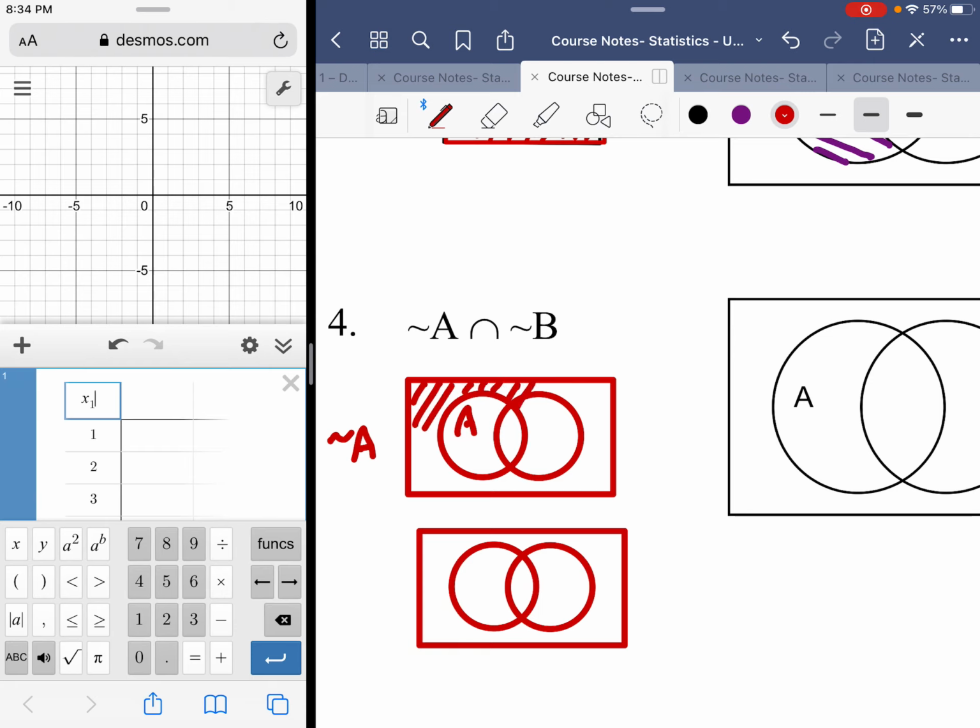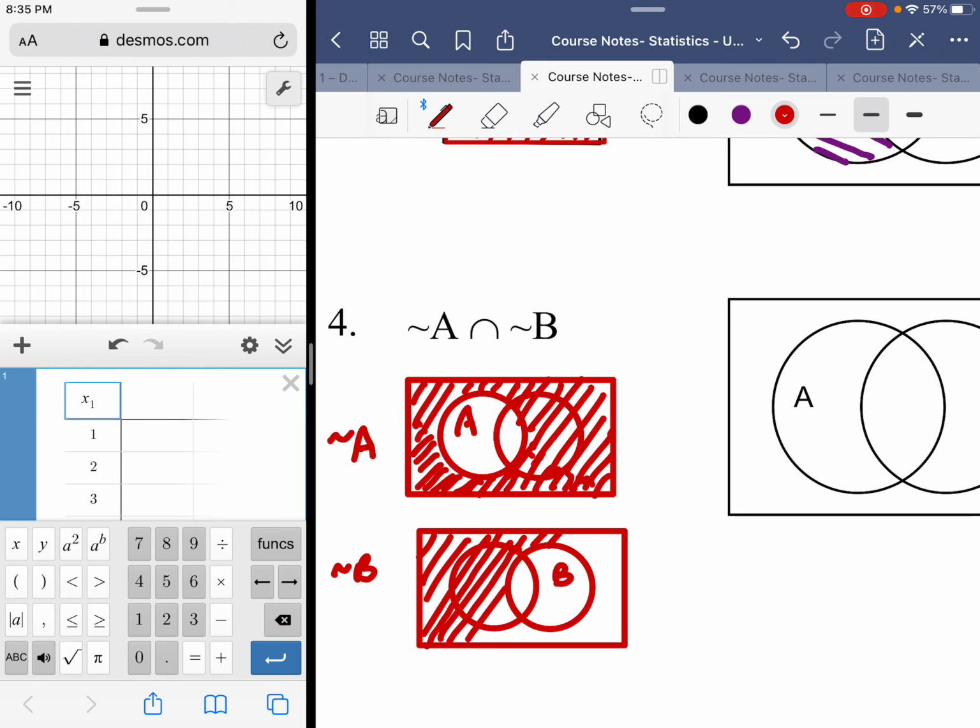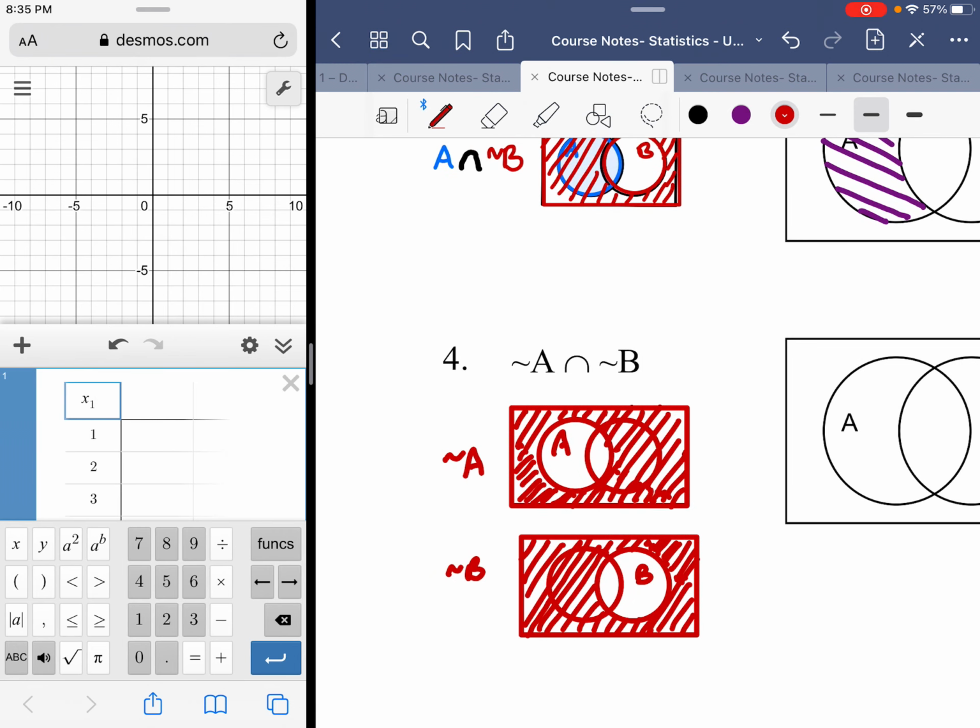So not A, here's A, so everything outside of A. Not B would be everything outside of B. So I want the intersection of those two things.